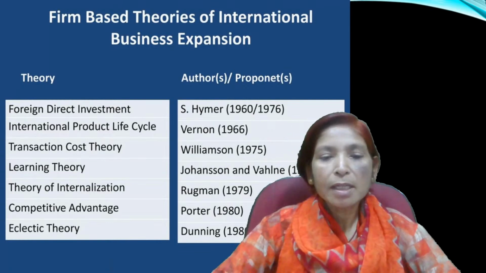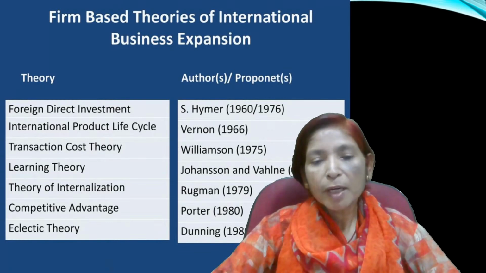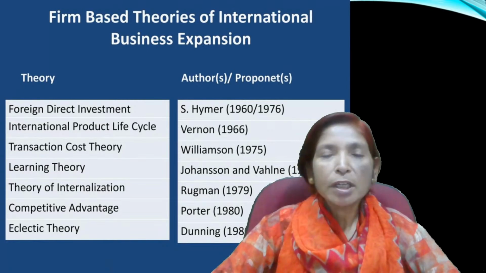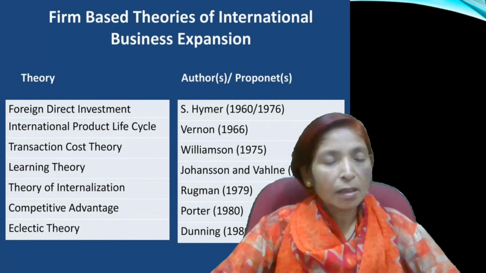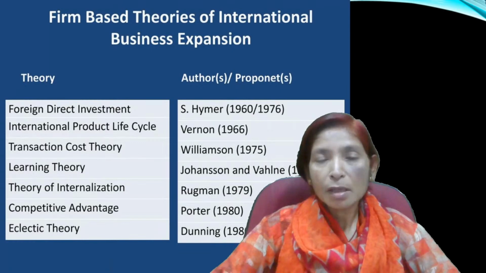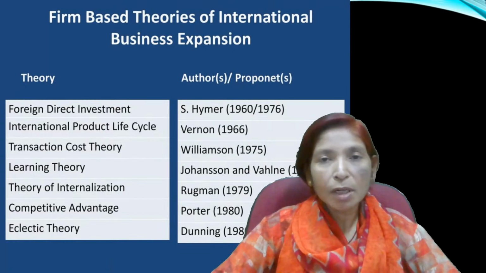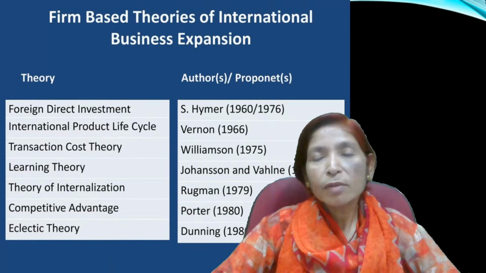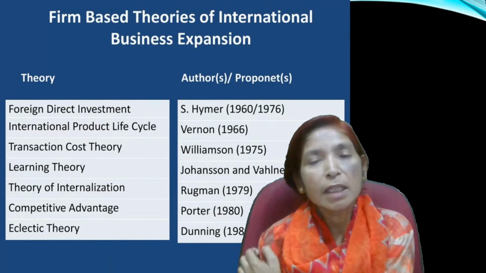Theory of internationalization was presented by Buckley and Casson in 1979. Competitive advantage theory, on which international trade is mainly based, or comparative cost advantage theory, was developed by Porter in 1980.